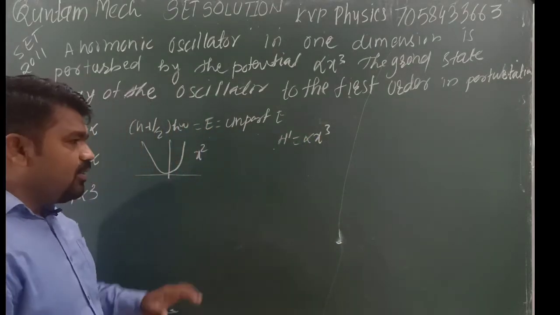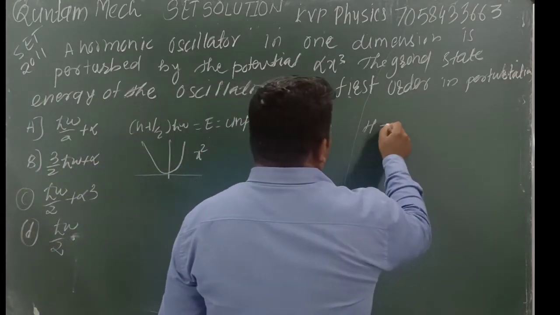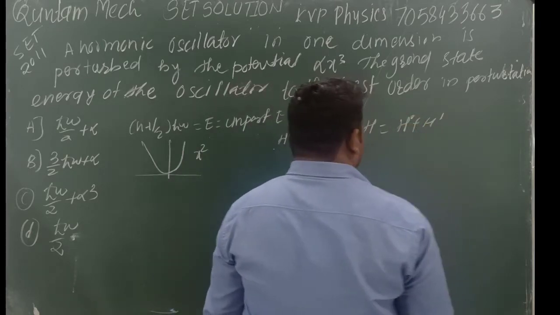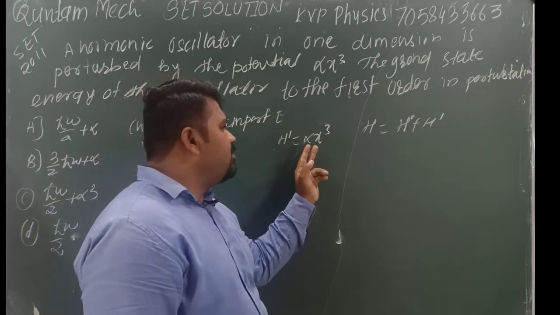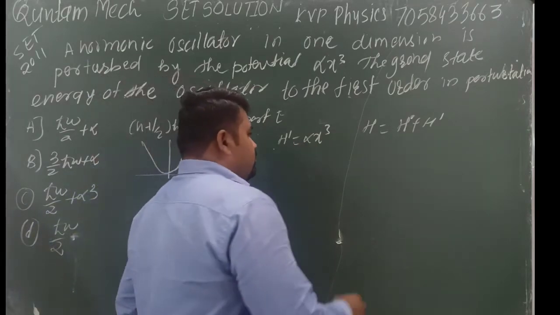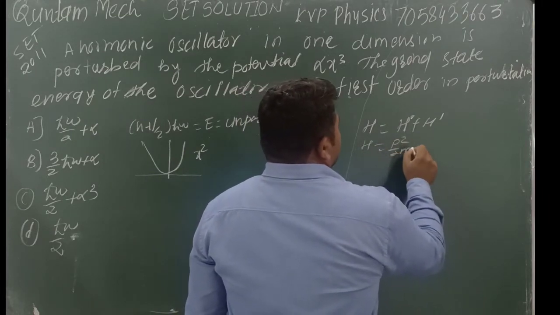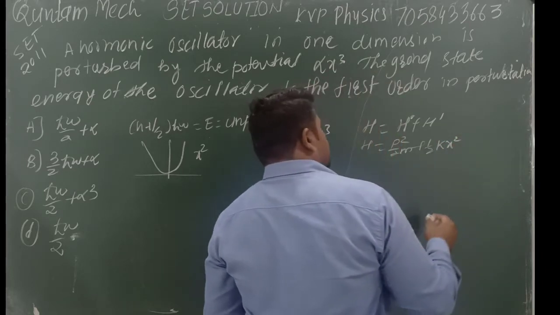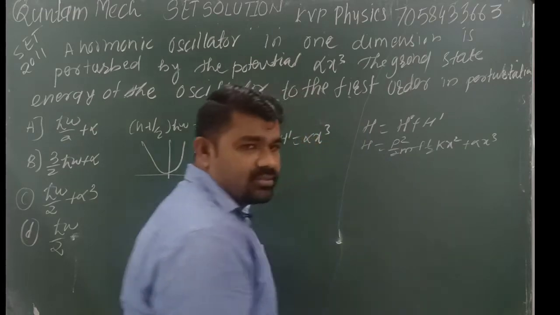Got it? Now we know that the total energy is equal to unperturbed energy plus perturbed energy, or the Hamiltonian H is equal to the unperturbed Hamiltonian plus the perturbed Hamiltonian. The perturbed Hamiltonian is alpha x cube, and the unperturbed one is P square upon 2m plus 1 by 2 k x square.